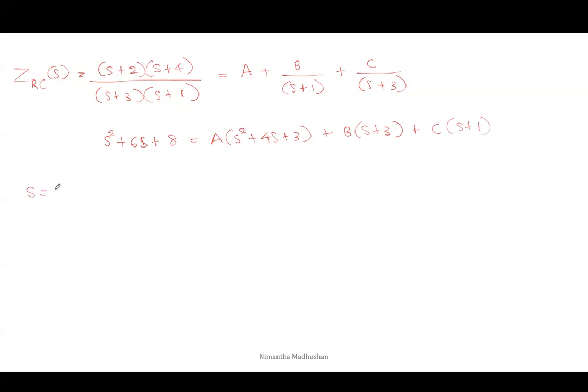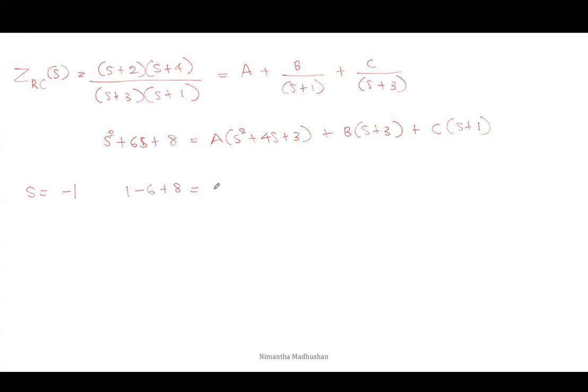If s equals minus 1, then 1 minus 6 plus 8 is equal to... here the value is 0.